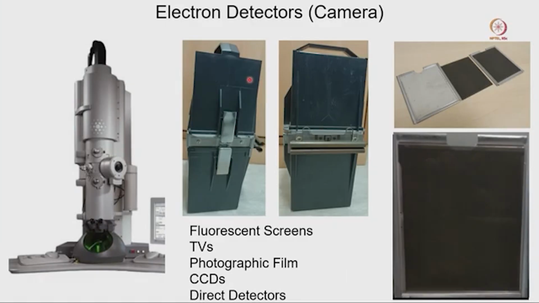Now, long back, if we just consider 10-15 years ago, we did not have the different types of cameras. At that time the CCD camera was not that good, and most of the time we were using the plate camera for imaging purposes, and this is the plate camera.